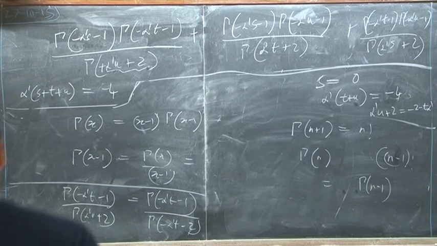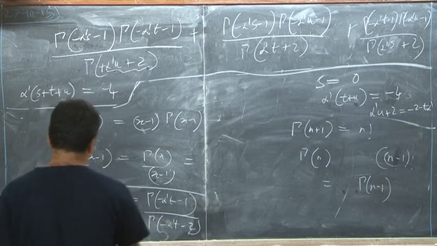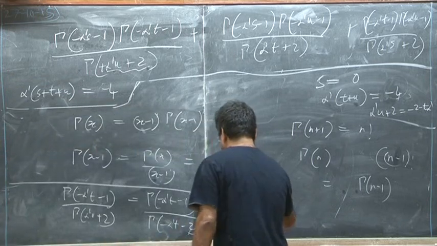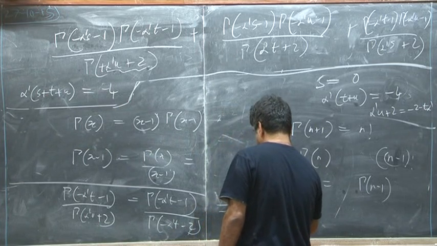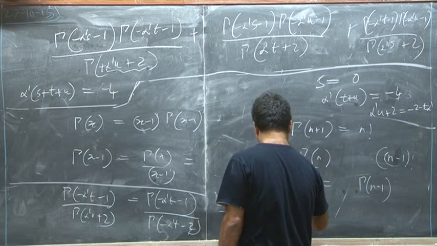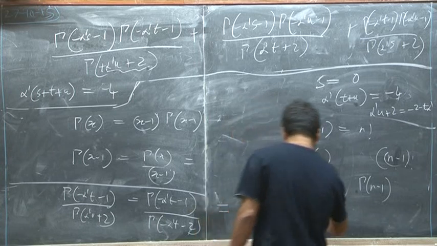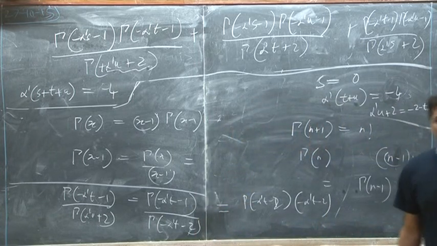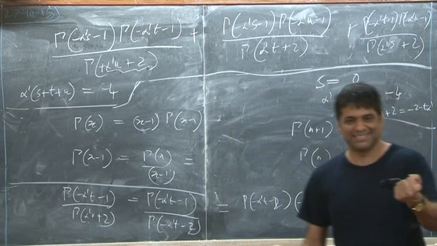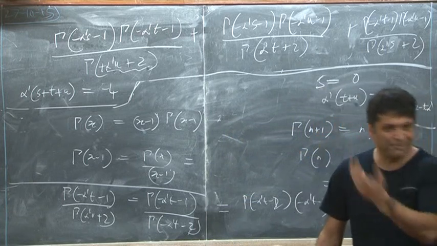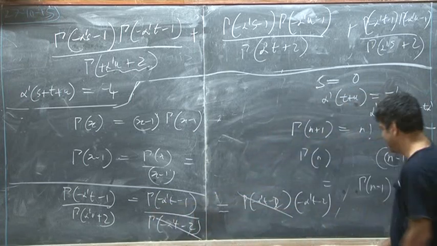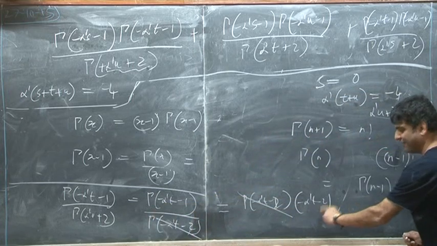That's not too bad, because the numerator is gamma of minus alpha prime t minus 2 times minus alpha prime t minus 2, using the fact that gamma of x is x minus 1 times gamma of x minus 1. Then this cancels this, so the ratio is minus alpha prime t minus 2.